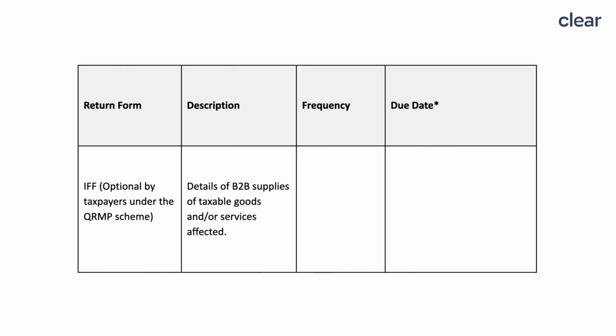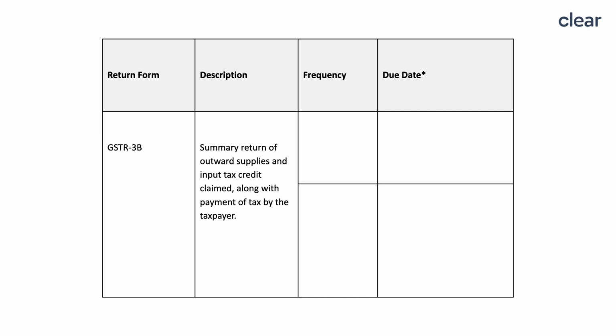For taxpayers registered under the QRMP scheme, there is an invoice furnishing facility or IFF provided by the government where such taxpayers can furnish details of their B2B supplies for the first 2 months of the quarter. The due date is the 13th of the following month. The next return to be filed by regular taxpayers under GST is GST-R3B.